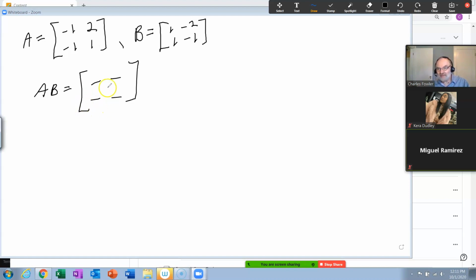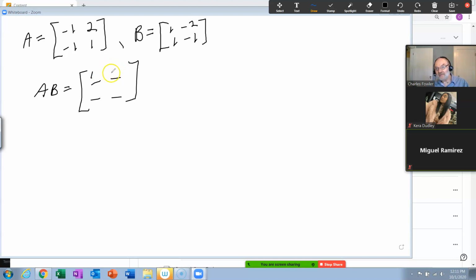So to get the 1,1 entry here, first row, first column, we do first row of A times the first column of B. That will be -1 times 1 is -1, plus 2 times 1 is 2, -1 plus 2 is 1. Good so far.